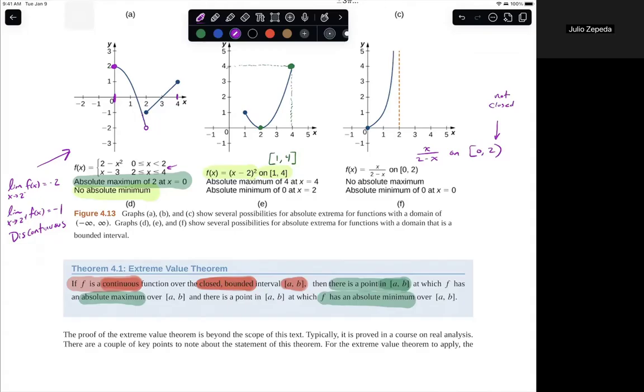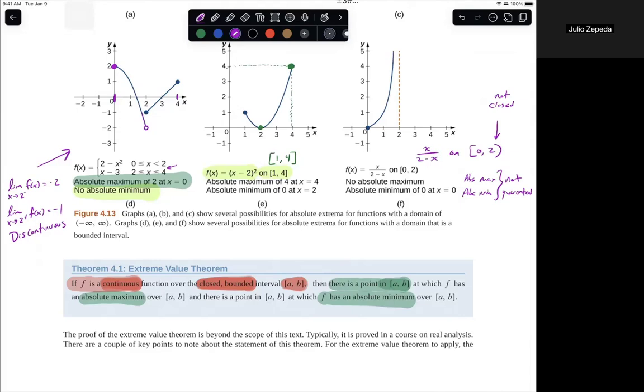We have this 2 with a round parenthesis on it. And so the extreme value theorem does not apply. Therefore, we are not guaranteed to have an absolute max and absolute min.